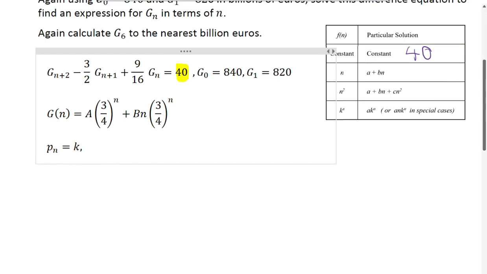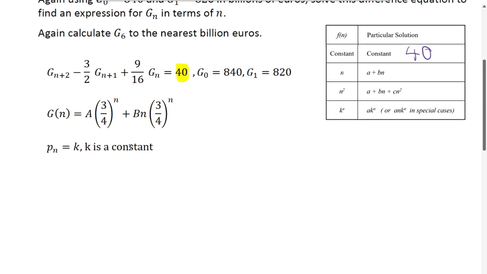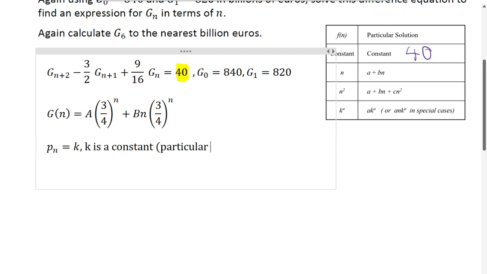Now, if this doesn't work for whatever reason, then we can try the next one, the linear solution, and if that doesn't work, we try quadratic. But I'm pretty confident this one will work.